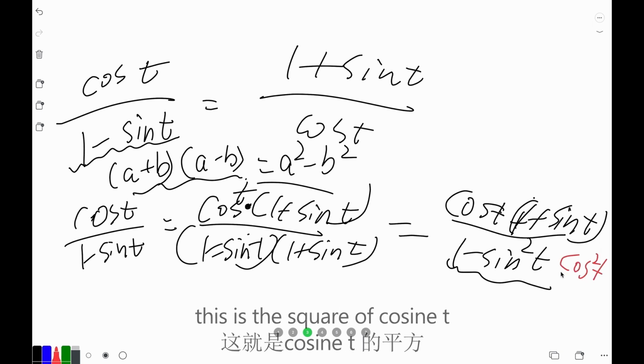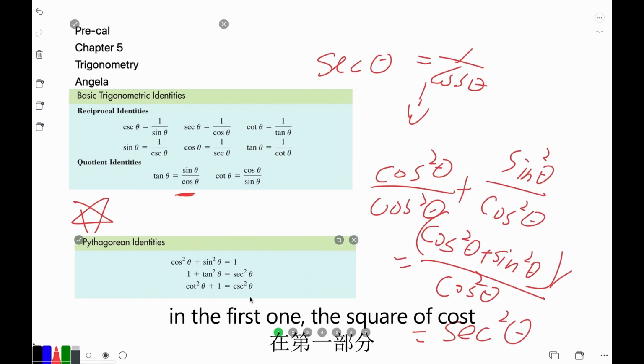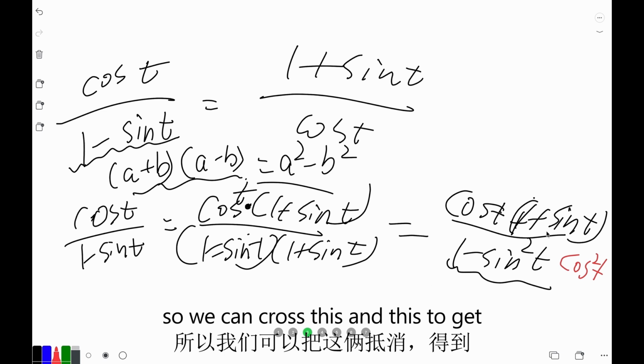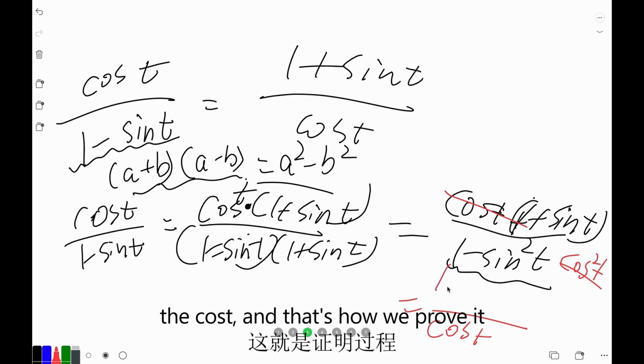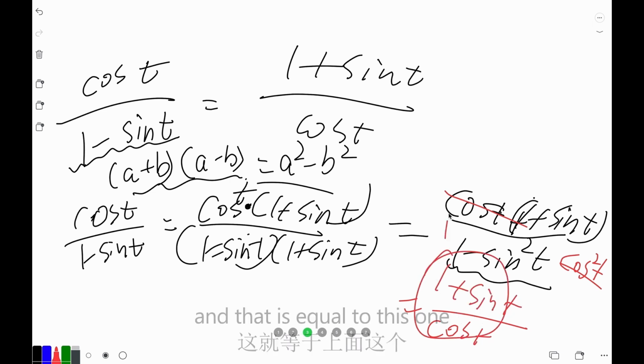Do you remember? It's the first one, the square of cosine t. So we can get this and this to get cosine t, and that's what we wanted to prove, and that equals this one.